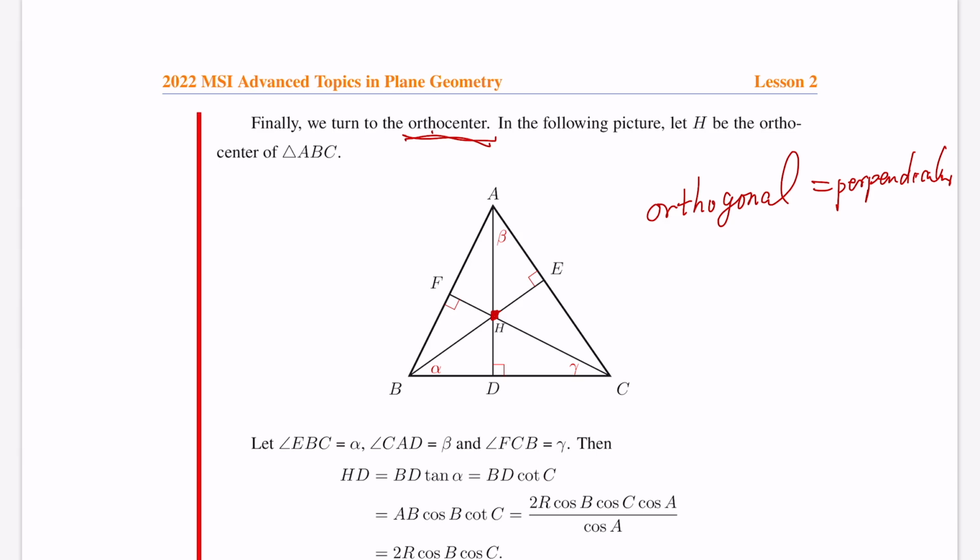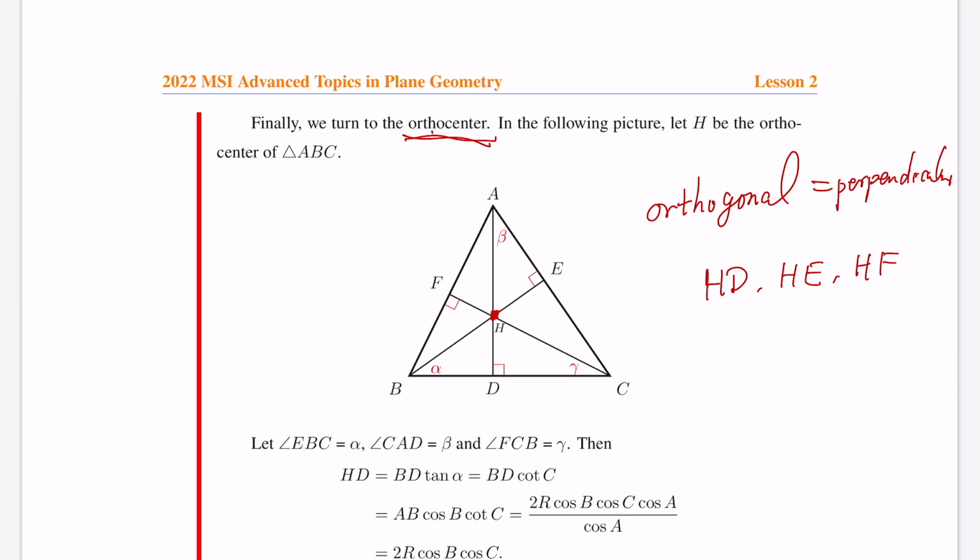Okay, so there is some trigonometry we have to use in order to find the trilinear coordinates of H. From this picture, we know that we just need to compute HD, HE, and HF. And since the triangle is symmetric, I just need to compute one, and the other two can be found in the same way.